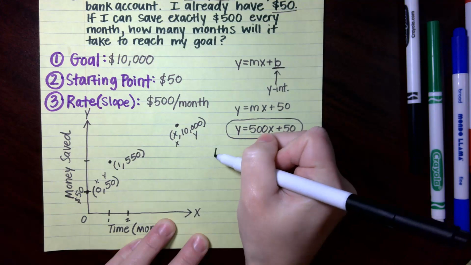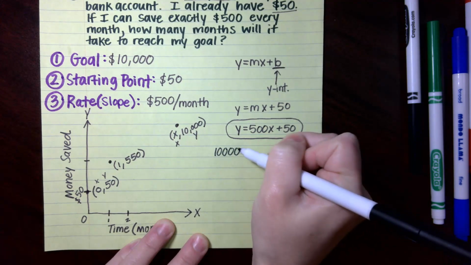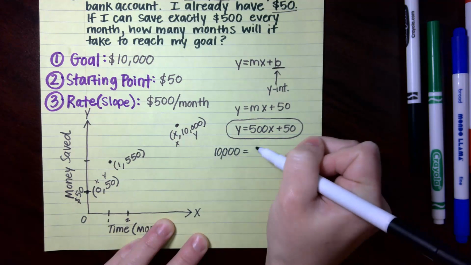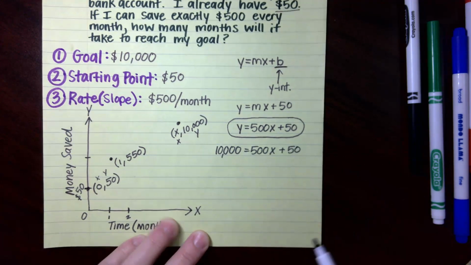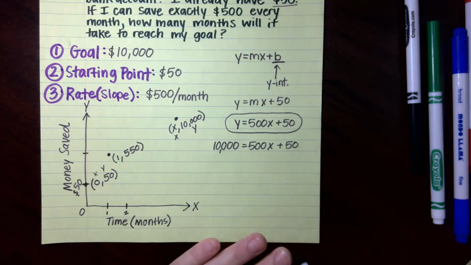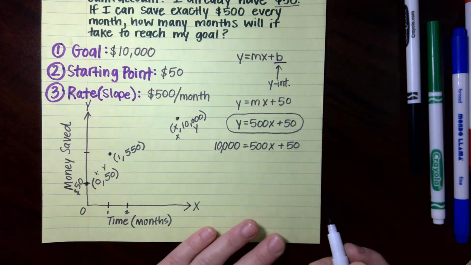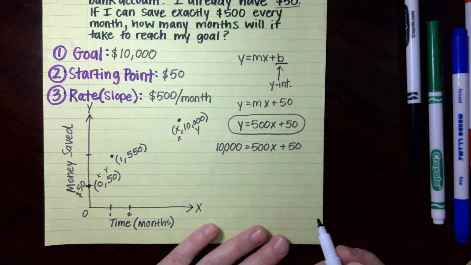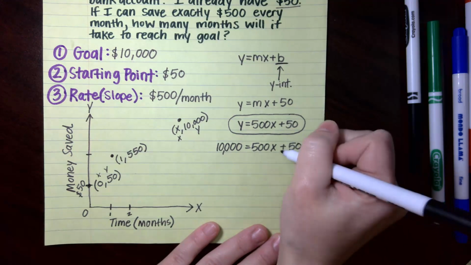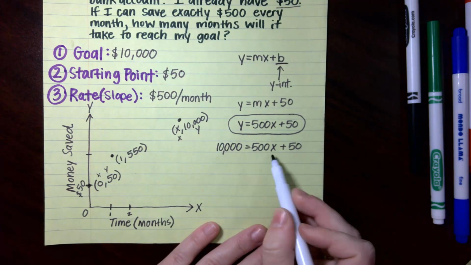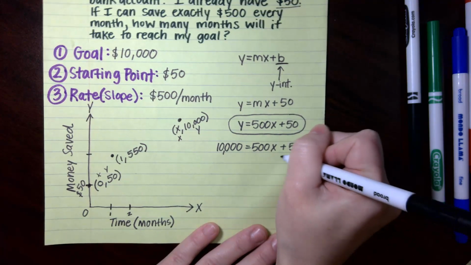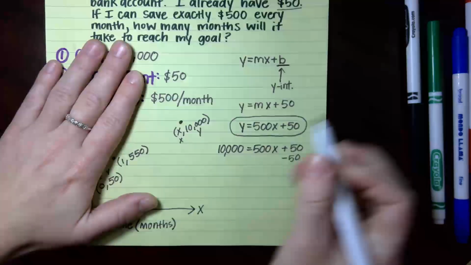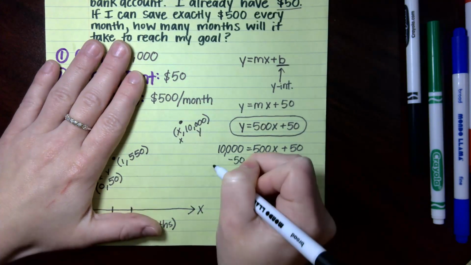Let's put 10,000 equals 500x plus 50. And just solve for x. So what would I do first? Minus 500. Not the 500, because that one's times x. Oops, sorry. That's okay. Oh, we're gonna minus 50. Yeah, we want to get rid of 50 first. That's all right. So minus 50 on both sides.